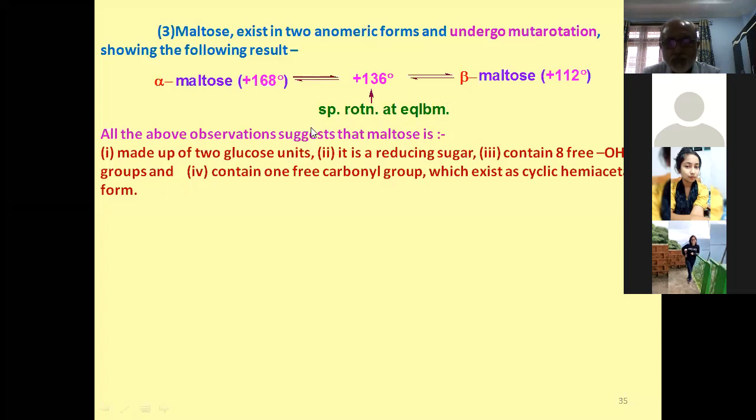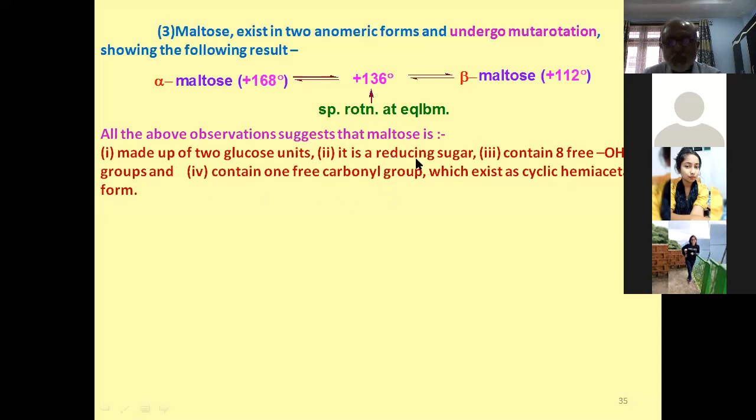We have already seen the reactions where it reduces Fehling solution and Tollens reagent. Number 3, it has 8 free OH groups. And number 4, it contains one free carbonyl group which exists in cyclic hemiacetal form.